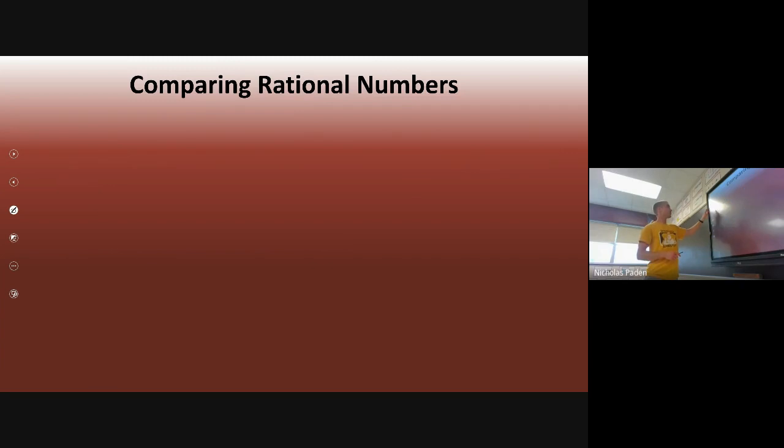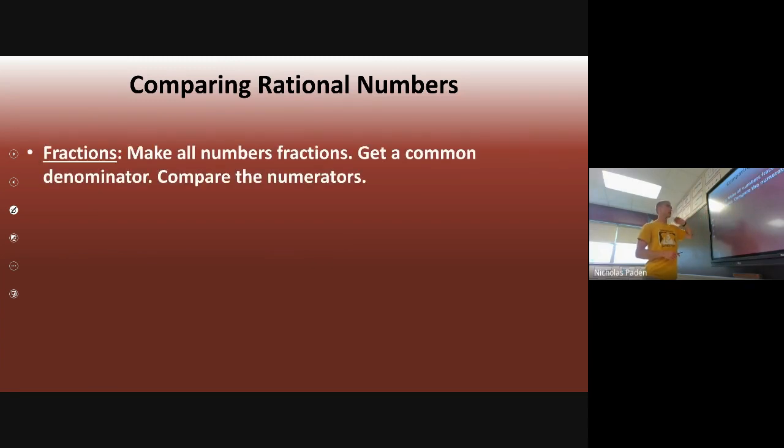So if we want to turn all of our numbers into fractions, we're going to make all numbers fractions, then get a common denominator. So think back to when we talked about getting a common denominator and saying which number is the bigger number. It's always easier to figure out what the bigger number is when we have a common denominator. So that's why we want to do that. Once we've got a common denominator, just compare the numerators to each other.